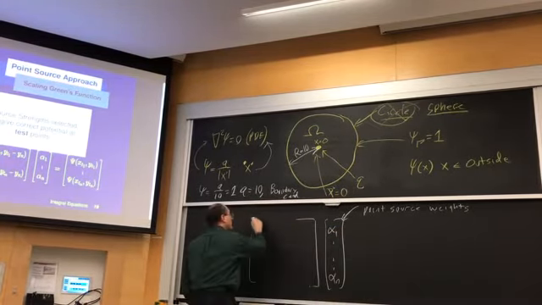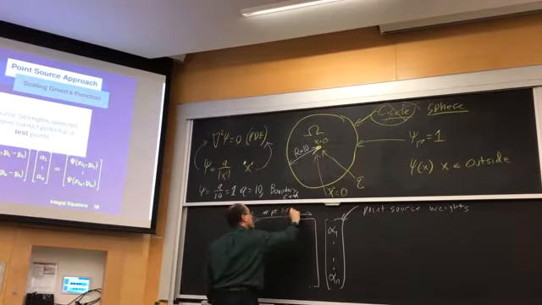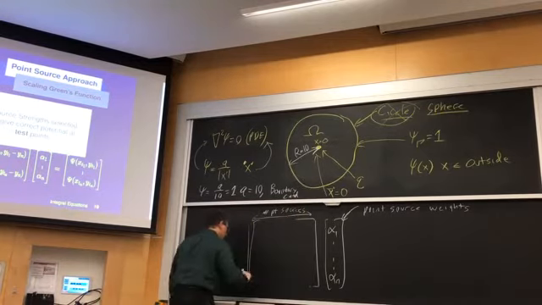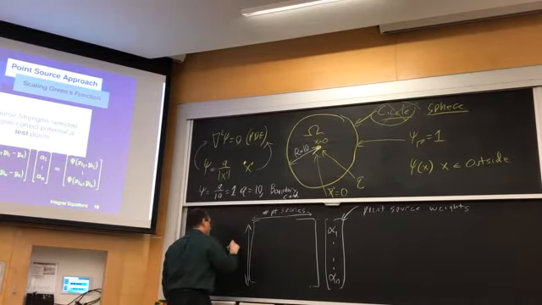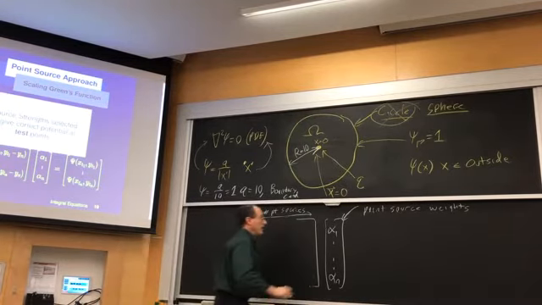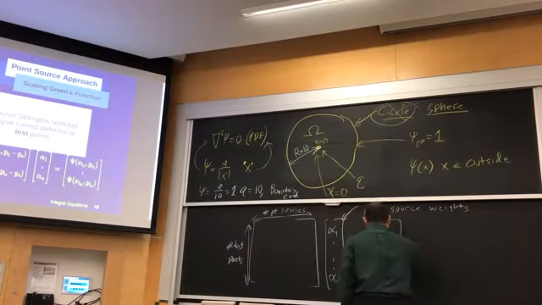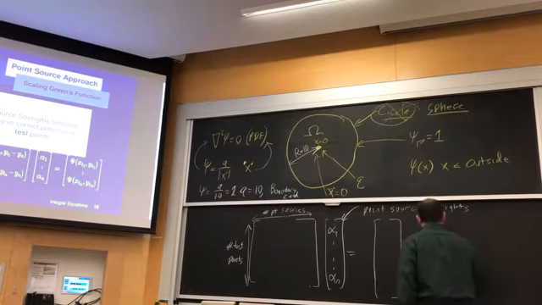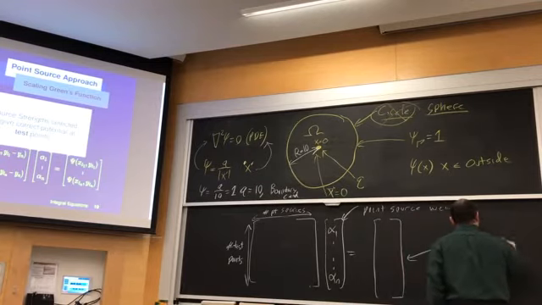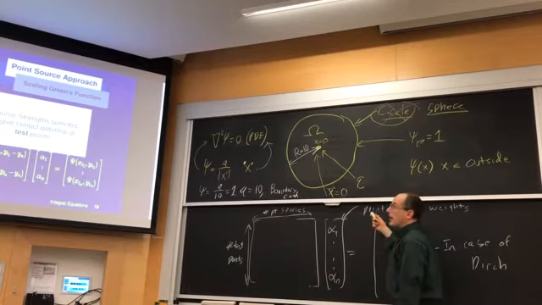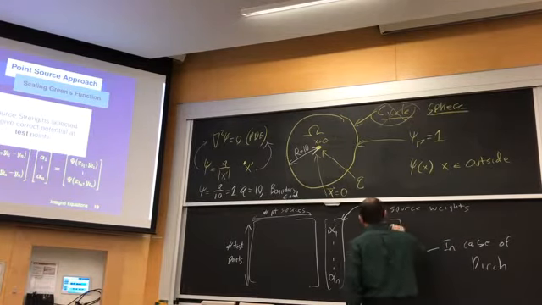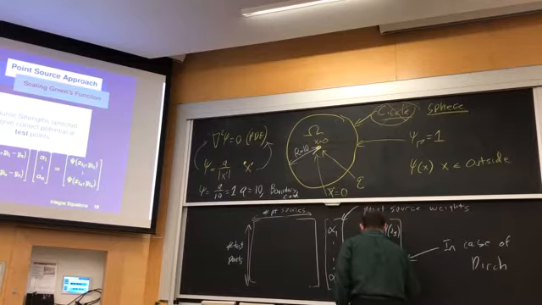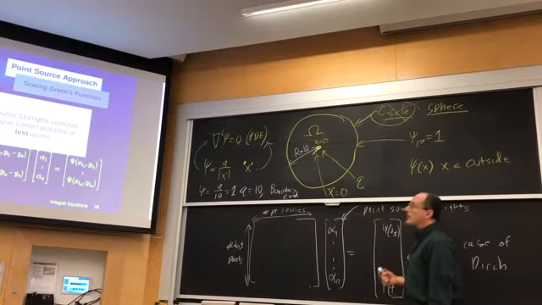We have a matrix that's number of point sources by number of test points, and we set that equal to, if we have a Dirichlet problem, a set of potentials at these test points.